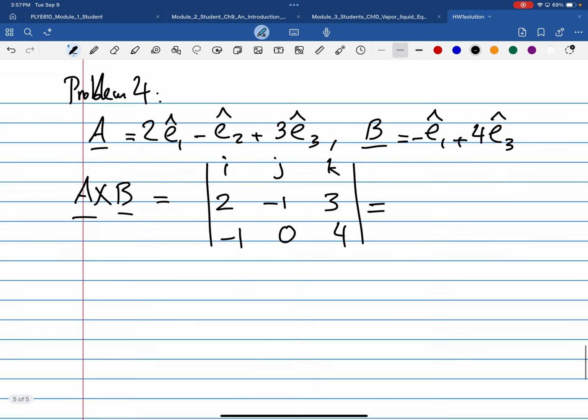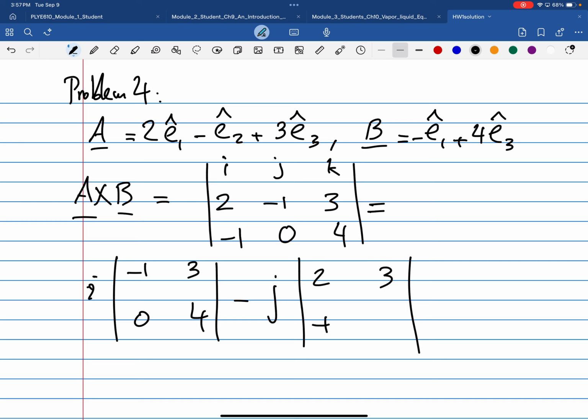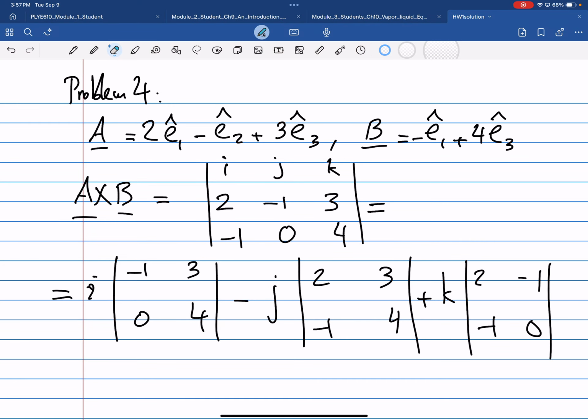So this is just going to be I times the determinant of 0, 4, minus J times 2, 3, minus 1, 4, plus K times 2, minus 1, minus 1, 0.